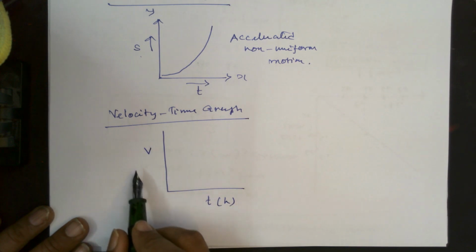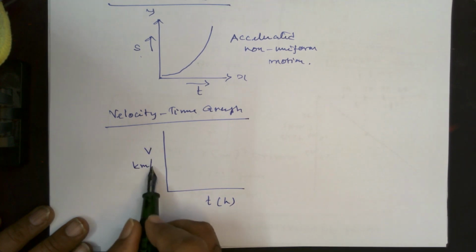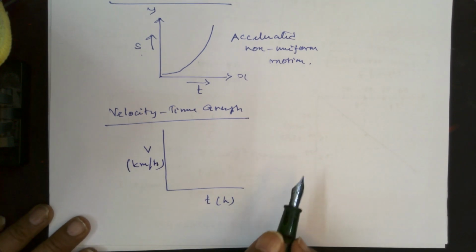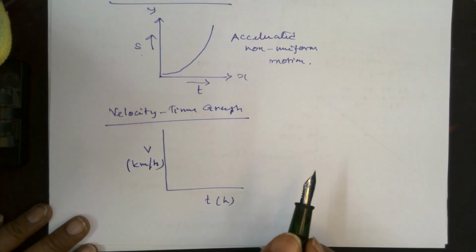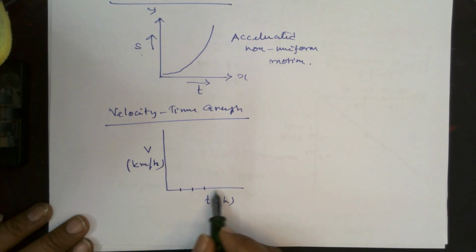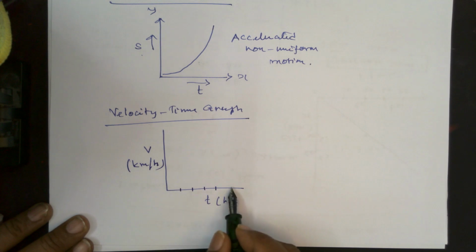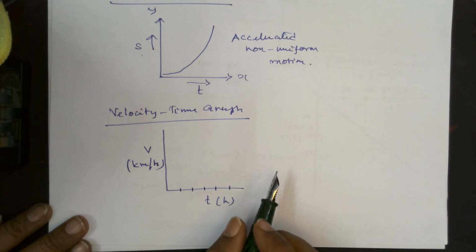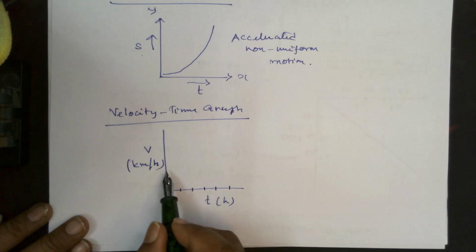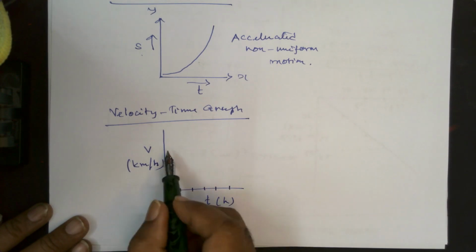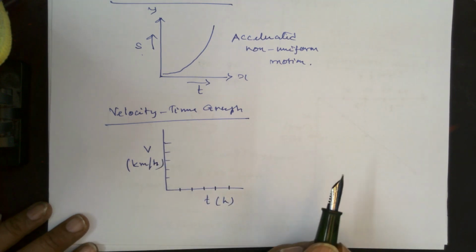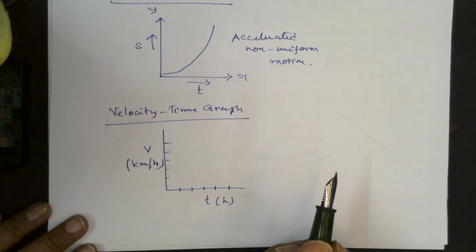Velocity is given in kilometer per hour. Now, let us consider 1 hour, 2 hour, 3 hour, 4 hour, 5 hour, like that. And similarly, you have 10 kilometer, 20 kilometer, 30 kilometer, 40 kilometer, 50 kilometer.